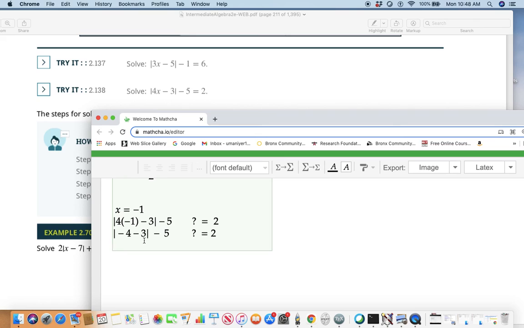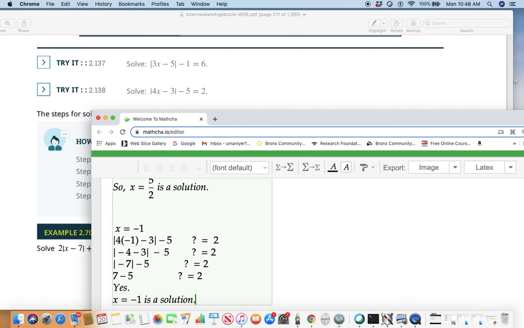Absolute value of negative 7, minus 5. Question, equals 2. Absolute value of negative 7 is 7, minus 5. Question, equals 2. Well, of course it is. 7 minus 5 is 2. Yes. In other words, x equals negative 1 is a solution.